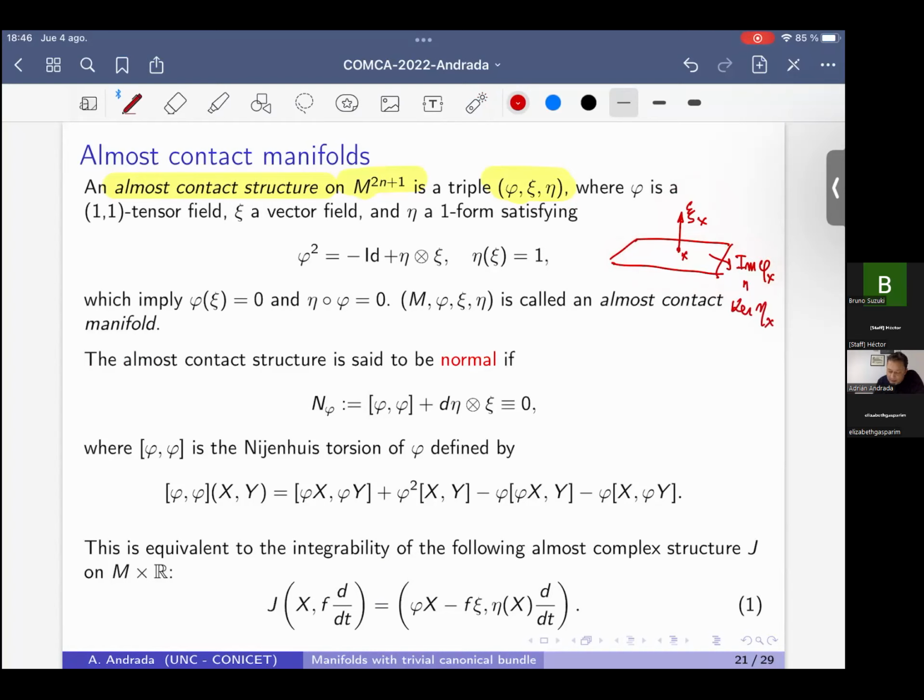And in this part, the complement of psi, phi acts as a complex structure. Phi is a complex structure on that subspace, in the complementary distribution to the line bundle generated by psi. So it's quite a natural way to try to extend the notion of almost complex manifold to the odd dimensional case.